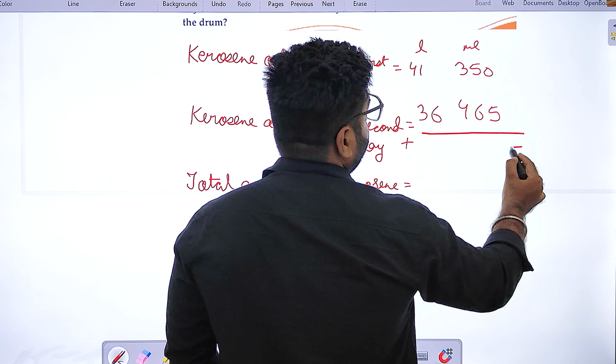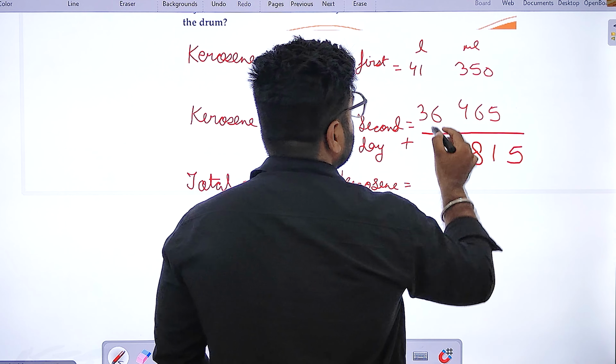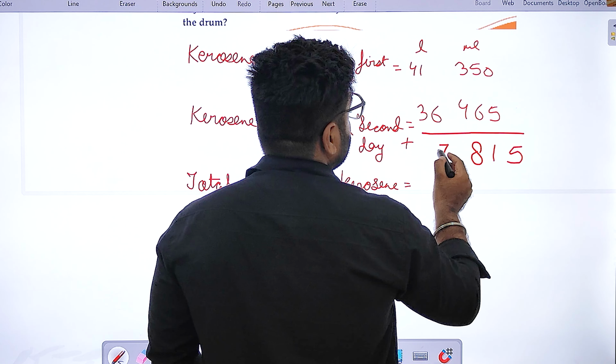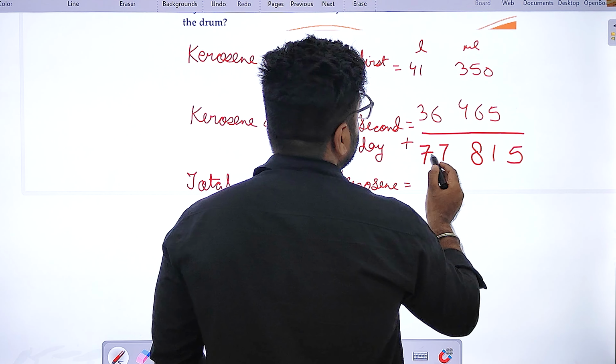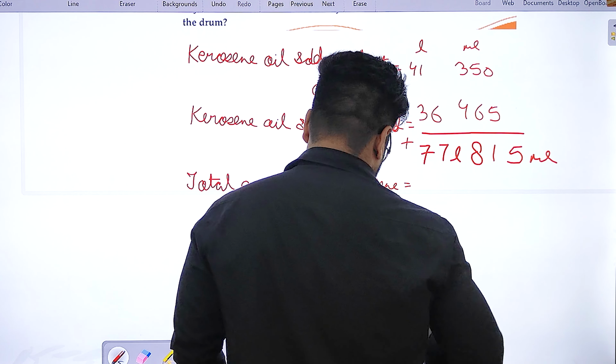Here we are having 5, this is 1, 8, 6 plus 1 is 7 and 4 plus 3 is again 7. This is liter and this is milliliter.